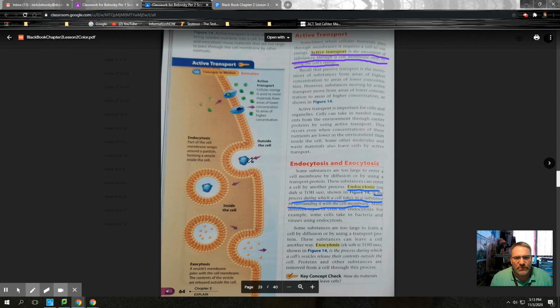Who knows what this thing is right here? It's something that the cell wants. So what it's doing is manipulating its cell membrane around it, and then it completely encloses it, and now it's in the cell, and it's going to do whatever it wants with it. Use it for energy, use it as a nutrient, whatever.